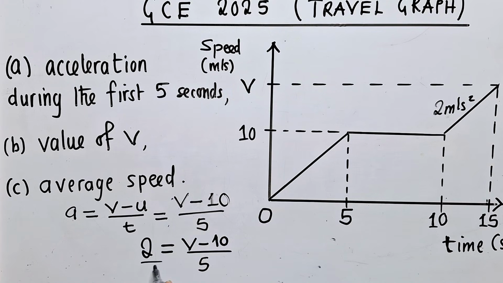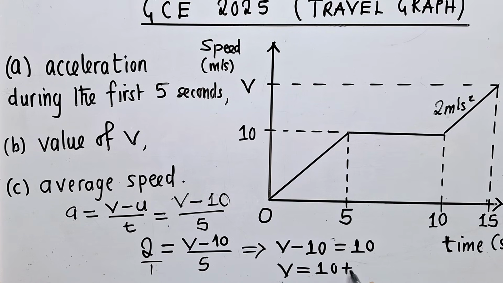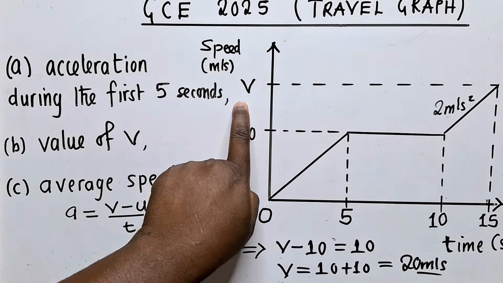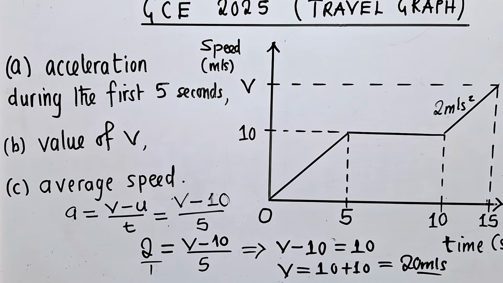We shall now cross multiply: 1 times v minus 10 gives v minus 10, and then 5 times 2 is 10. So we can say v, the final velocity, is equal to 10 plus 10. The 10 comes this side, which gives us 20 meters per second. So the value of v here is 20 meters per second.